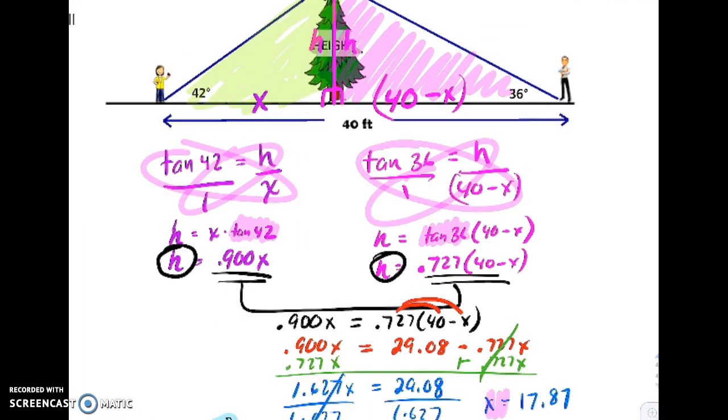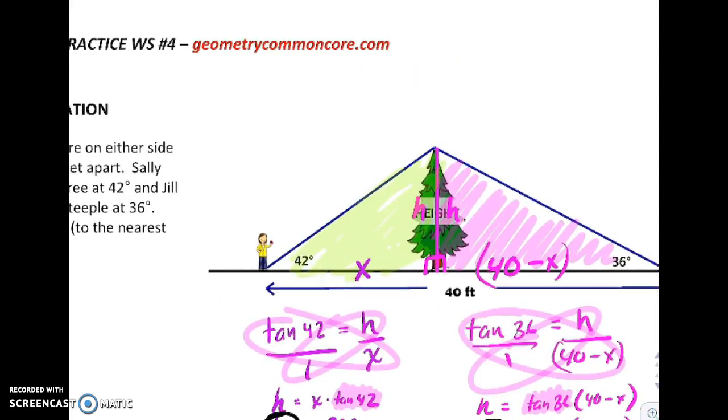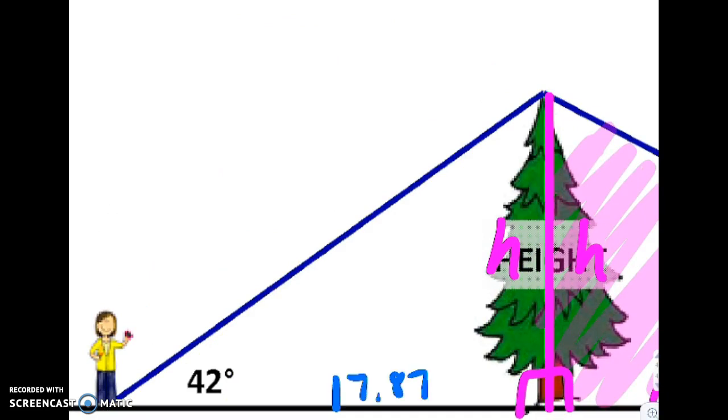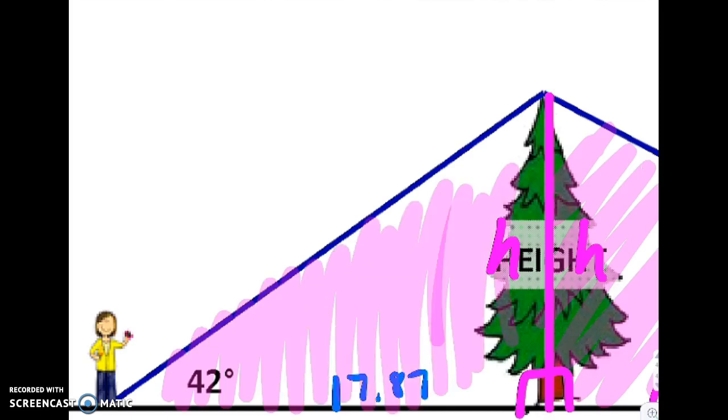That's just x. So if you look at this triangle up here, we now know that x is 17.87. So now we can solve this triangle the old-fashioned easy way because we know an angle and we know a side.